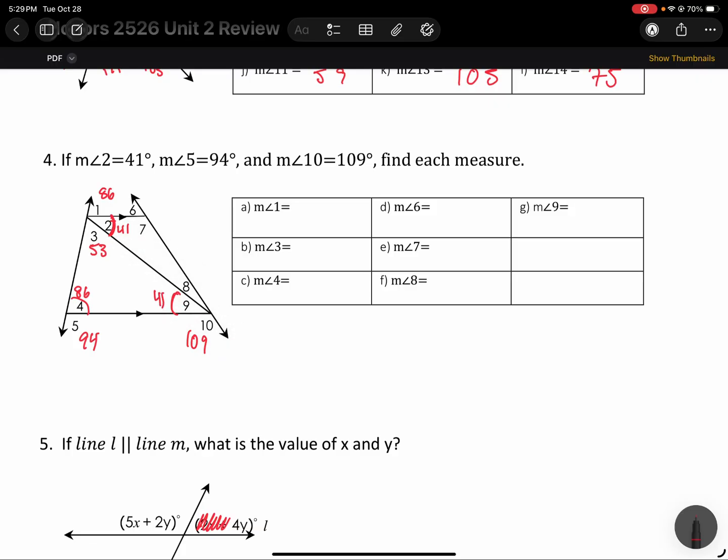So angle 9 is 41. Let's see what else. Oh, and angles 7 and 10 are corresponding, so they are both congruent.